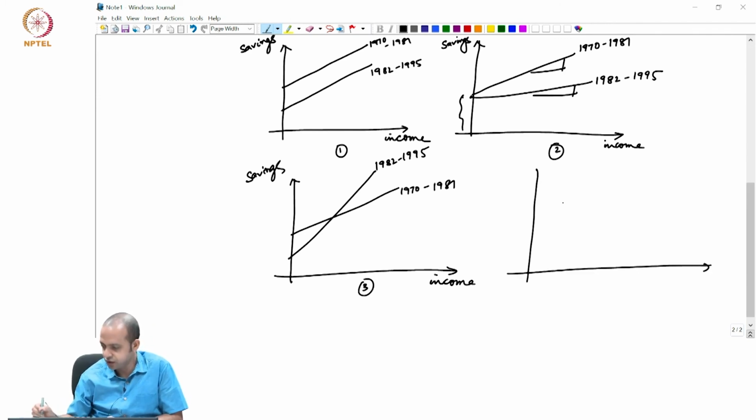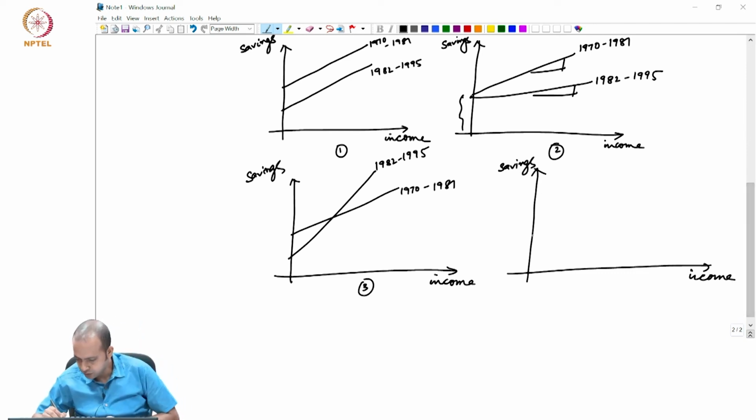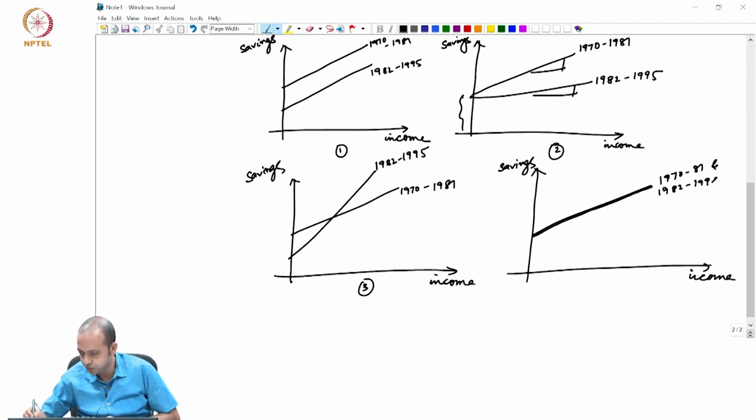And this is actually case 4, saving, and this is income. So, these basically indicate 1970 to 81, also 1982 to 1995.